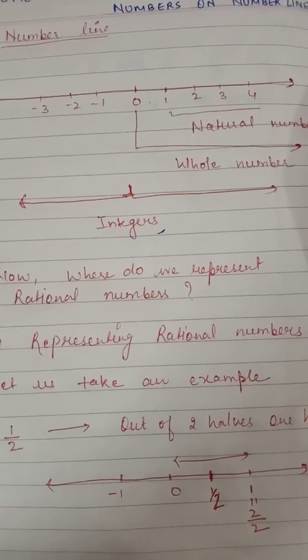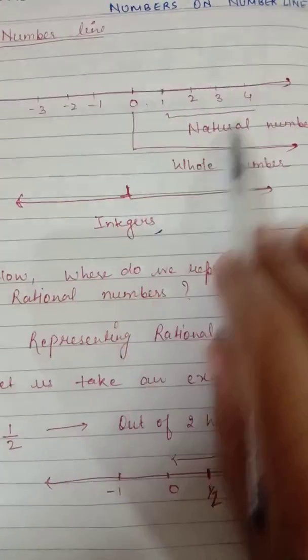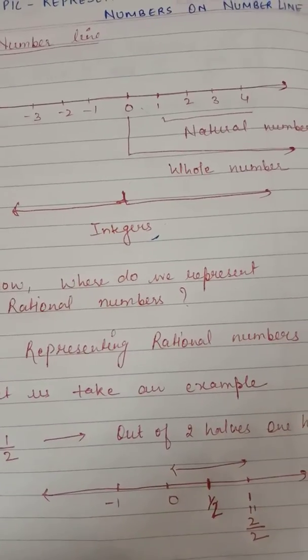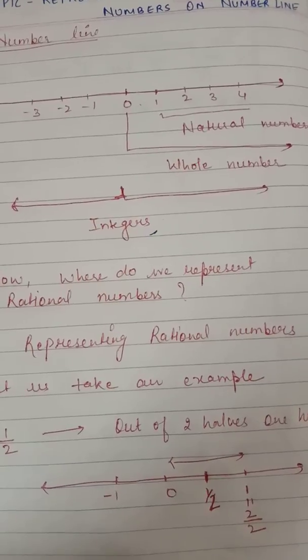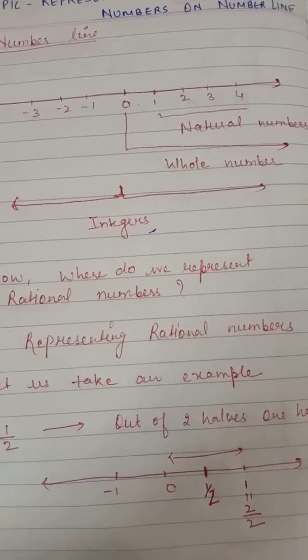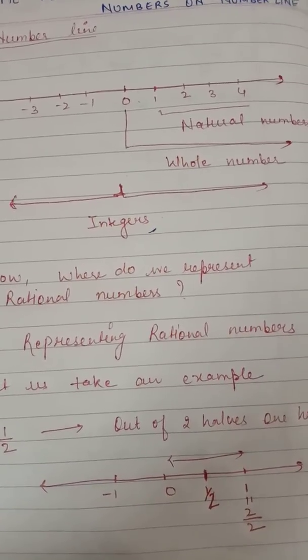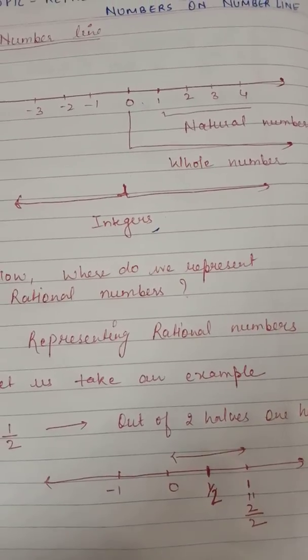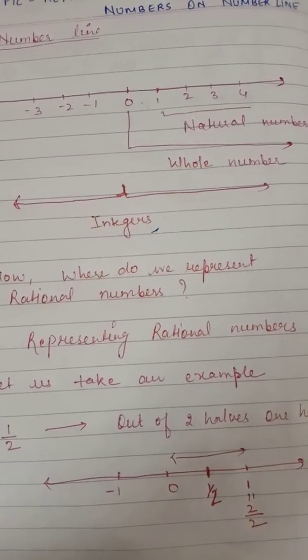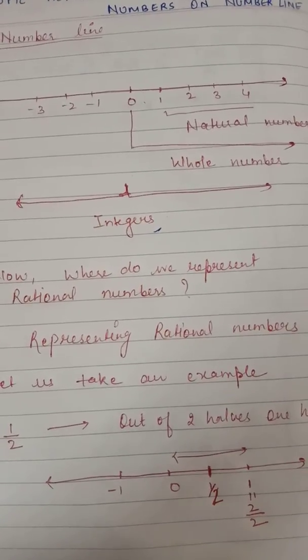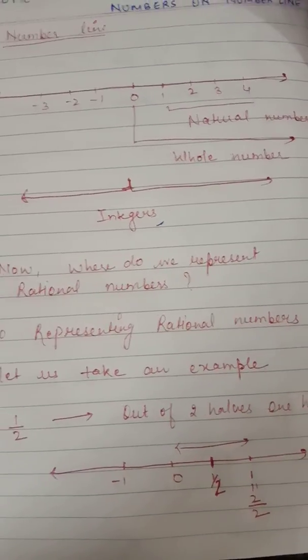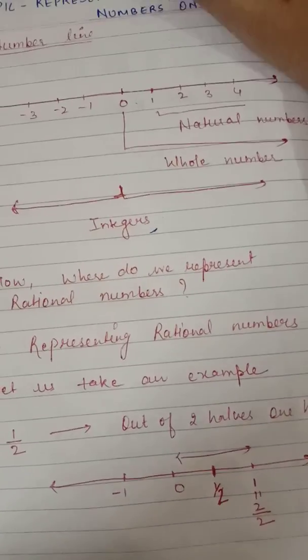Now we will see that on this number line, where we are able to see the natural numbers, whole numbers and integers, in between all of them, how can we represent our rational numbers, or where do we represent our rational numbers?